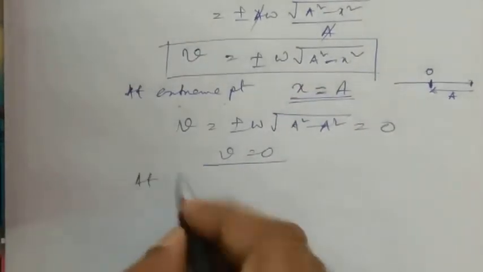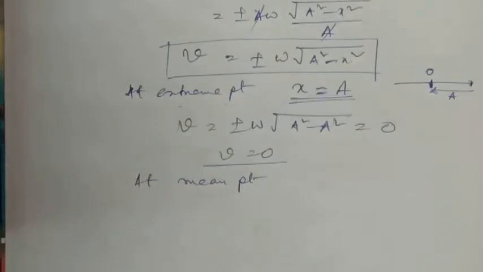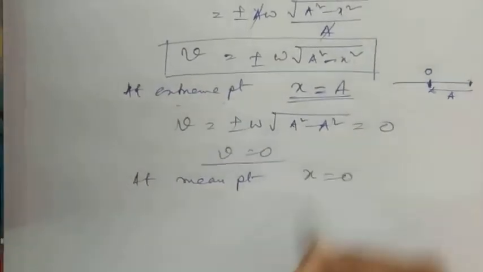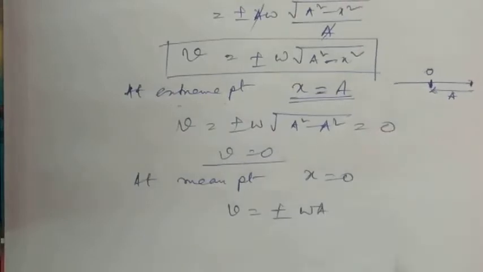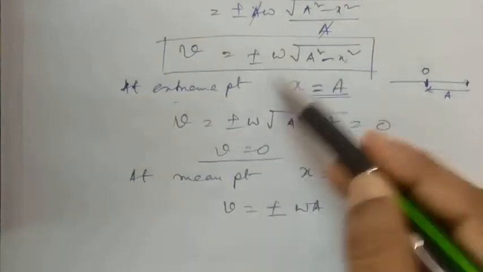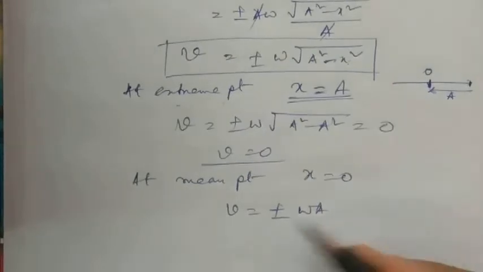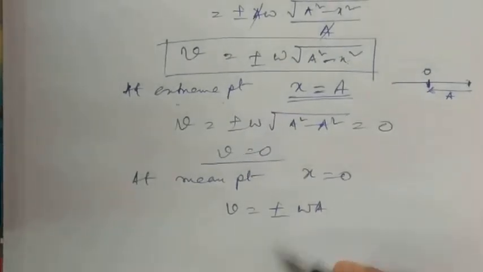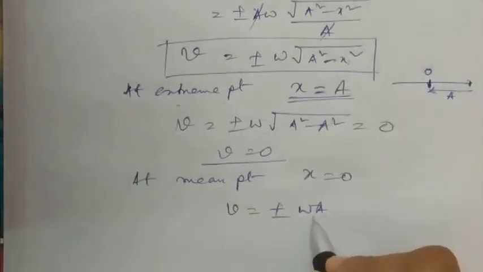Now at the mean position, what is the value of x? It is 0. So v is equal to plus minus omega root of a square, which is another plus minus, so you can write this as minus plus omega a.